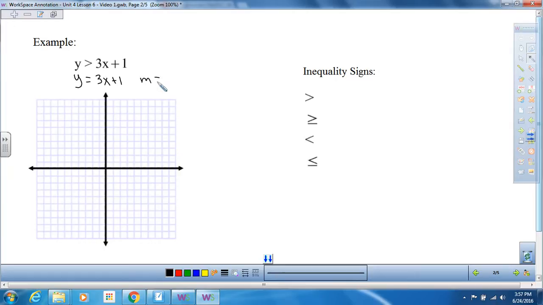So my slope is 3 over 1. Whole numbers are fractions when we graph. And my y-intercept is 1.